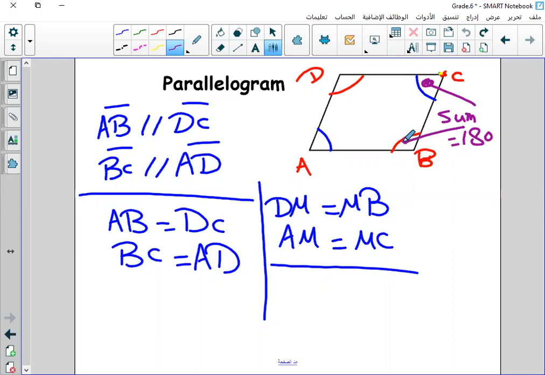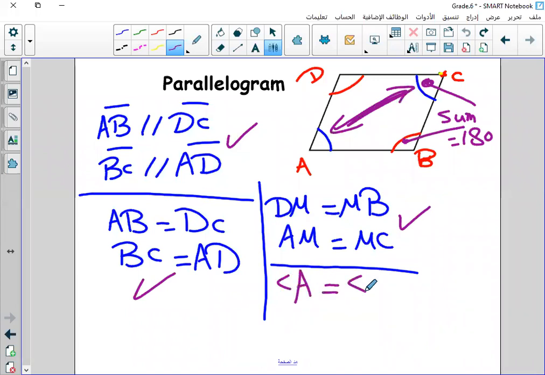Okay, these are the properties of a parallelogram. We will repeat them again. Each two opposite sides are parallel and equal in length, the two diagonals bisect each other, and each two opposite angles are equal in measure. We can write measure of angle A equal measure of angle C and measure of angle D equal measure of angle B, and two consecutive angles, the sum of them equals 180.